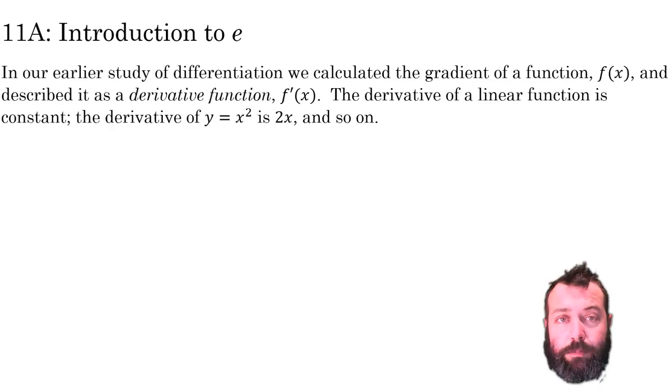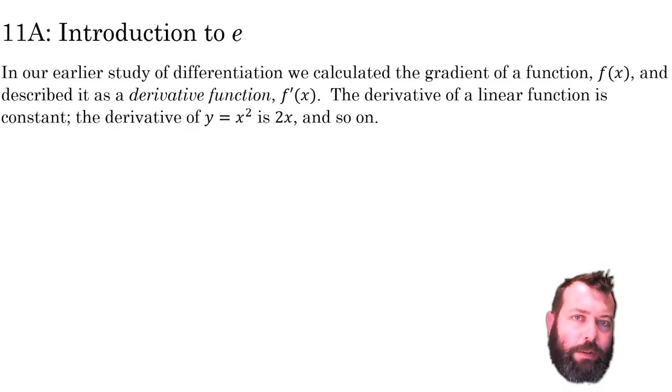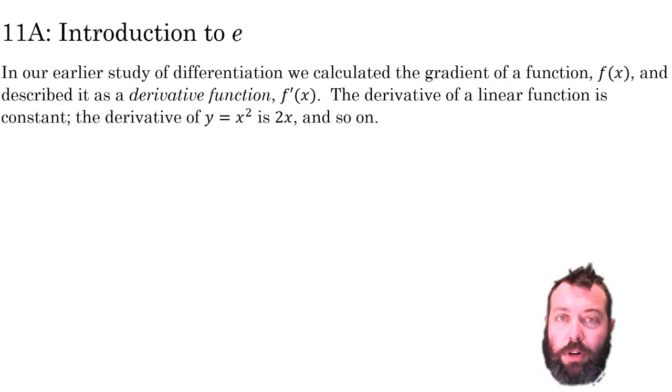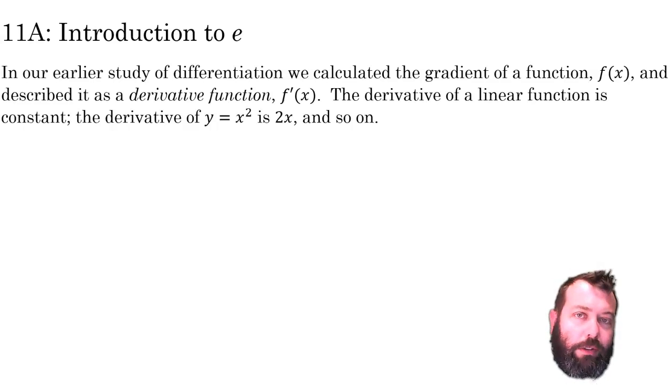Now imagine that I had a function where the gradient of a tangent at any point is also equal to the function at that point. So where my function equals 1, the gradient of the tangent equals 1. When my function equals 2, the gradient of the tangent equals 2, and so on. As my function increases, my gradient increases. As my function decreases, my gradient decreases as well.